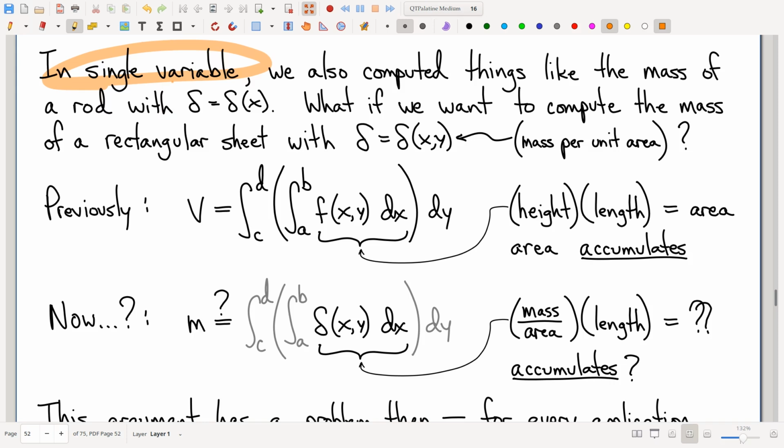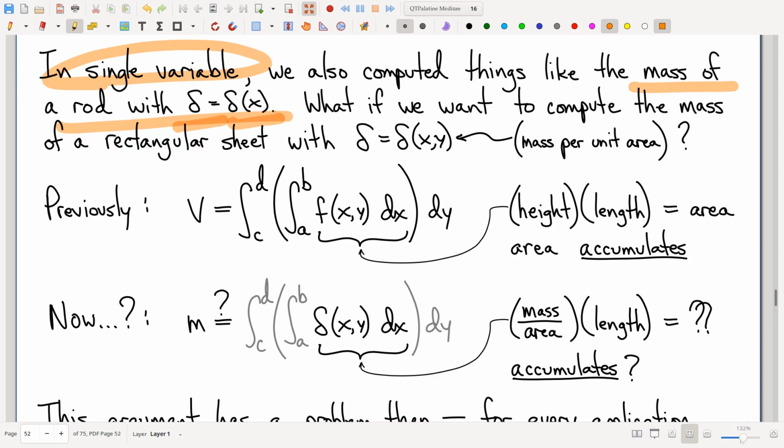Draw the various pictures and Riemann sums and all that business. And then you have this construction called an integral, and then various other questions come up, like how would I compute the mass of a rod where the mass per unit length is dependent on position. You all have seen these kinds of examples. They're early examples in single variable calculus classes.